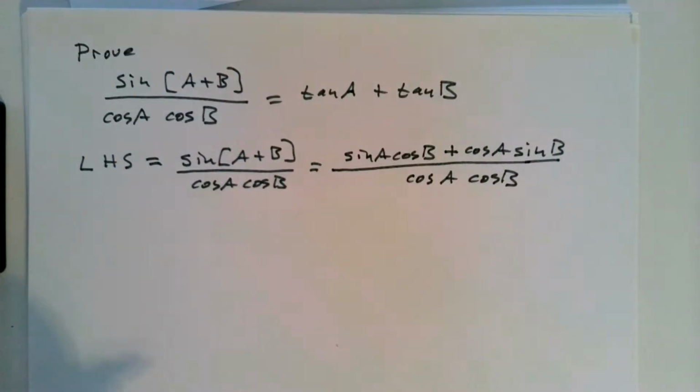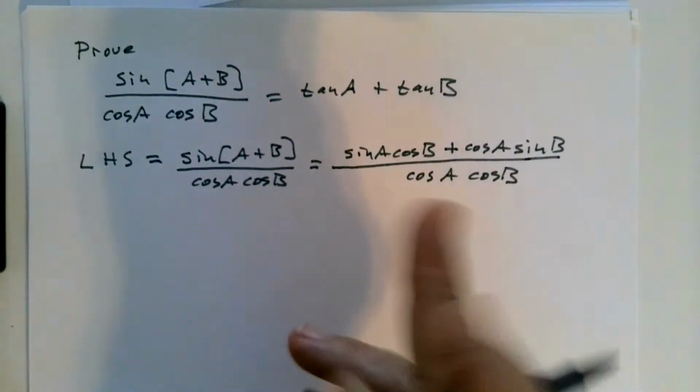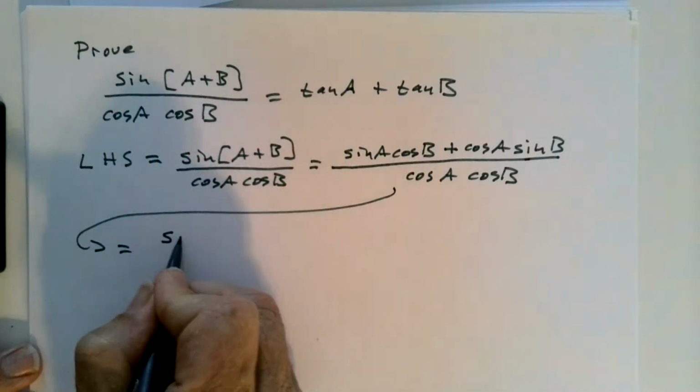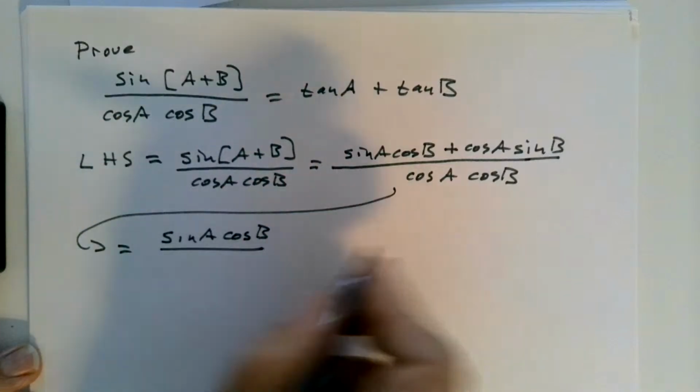I have a single denominator. In the case of having a single denominator, I'm going to break it up. The top over the first guy over the denominator plus the second guy over the denominator. So what does that become? Equals sine A cos B over cos A cos B.